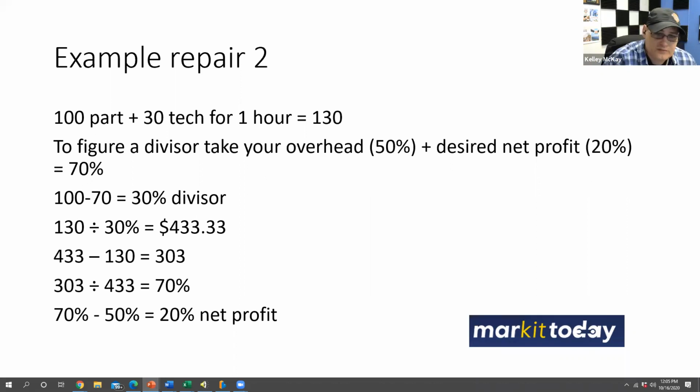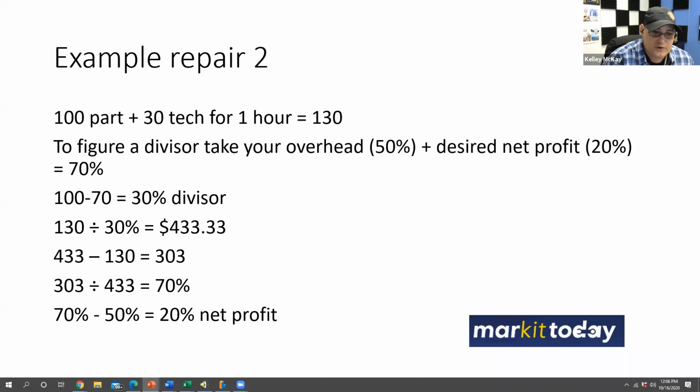So for this example, you take 100 minus 70 to determine our divisor. So the 70% is what we figured up that we need to earn a 20% net profit, which includes our overhead. So then you take 130, the cost of goods sold for this example, and you divide it by 30%, which is the divisor. It comes up with a selling price of $433.